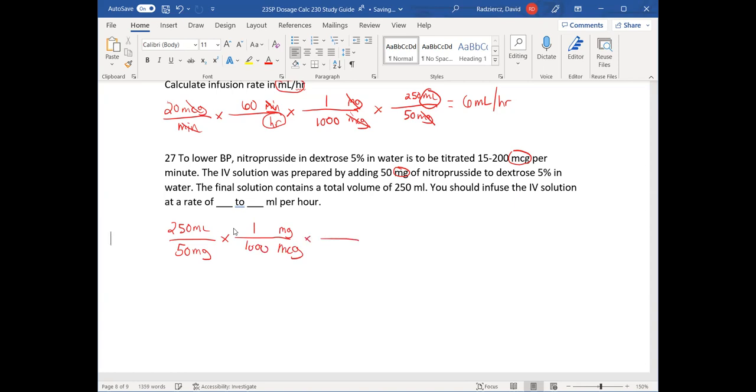Now we've eliminated milligrams. Now we can add in our micrograms. So we'll start off with the first microgram, 15 micrograms per minute. So far, so good. We're in milliliters and we're in minutes, but we don't want minutes, right? So we're going to convert minutes to hours.